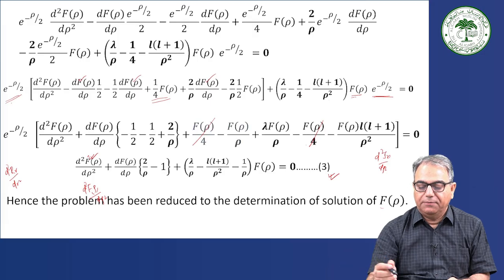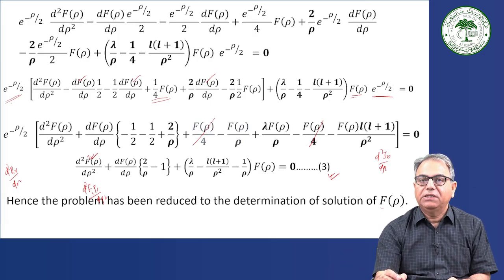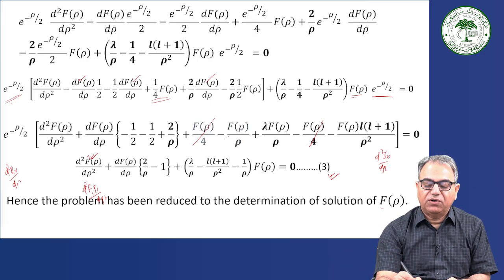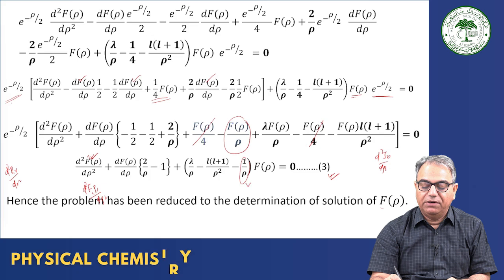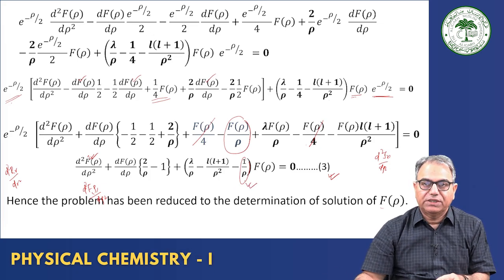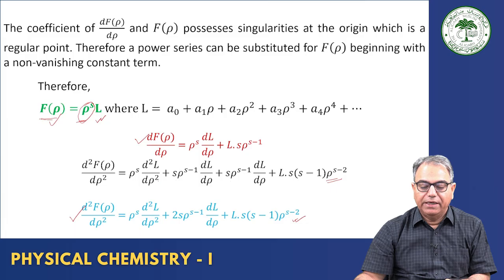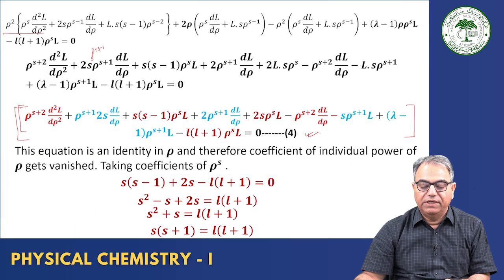Initially in the previous module I said f rho divided by 4 and f rho divided by rho, I cut. So this remains as such. Then only you have 1 over rho here. This plus f rho divided by 4 and this minus f rho divided by 4 will go, and you will have 1 by rho here instead of 1 by 4. So just correct this from the previous module, and then again from equation number 4 we will start.